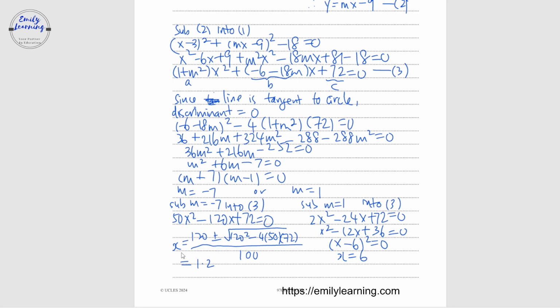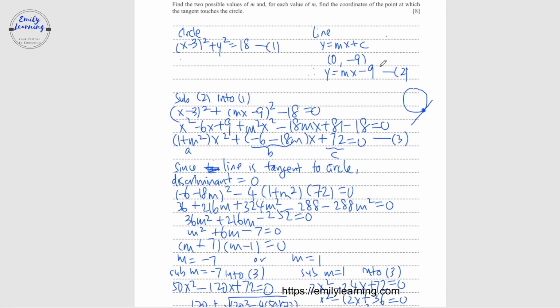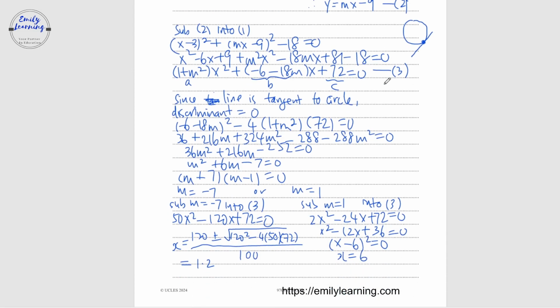Because it is a tangent, right? At this point here, the line and the curve meet. So its x and y values must satisfy the equation of both the circle as well as the line. So I am going to sub this value into either equation 1 or 2 to find the value of y. So y equals m times x minus 9, I'll use this because it's simpler.